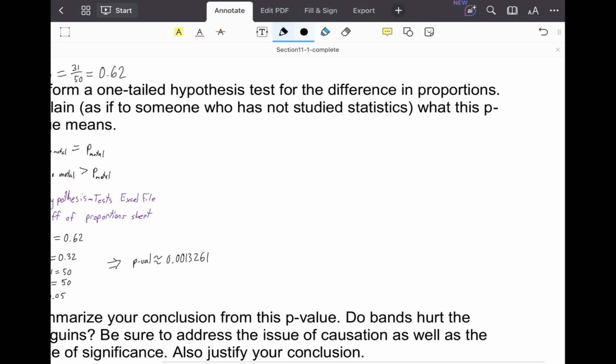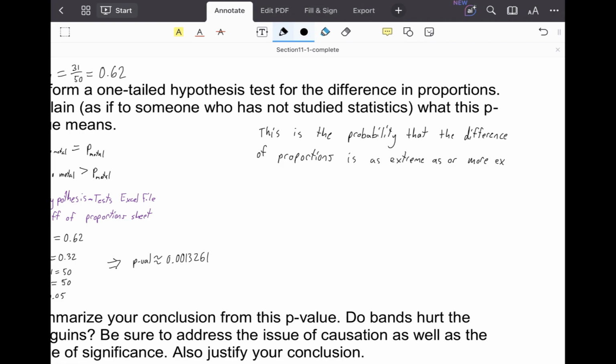So I'll just put here, this is the probability that the difference of proportions is as extreme as or more extreme than what the data show.